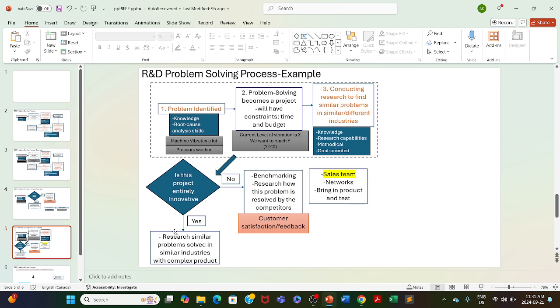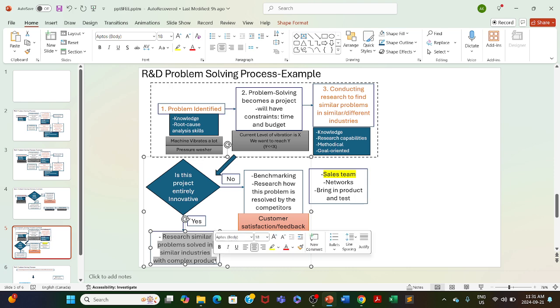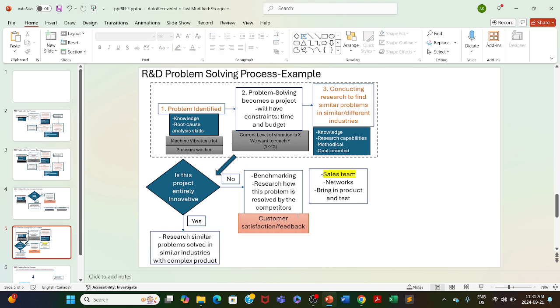In that case, I'll have to research similar products in similar industries. What are the ways I can go? How can I identify the similar problems?